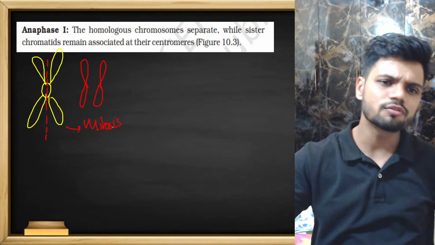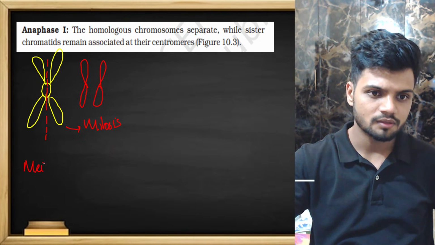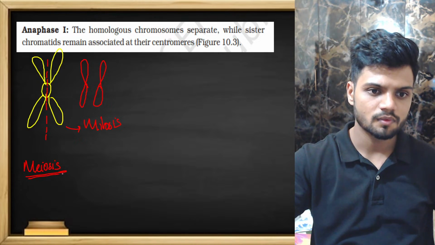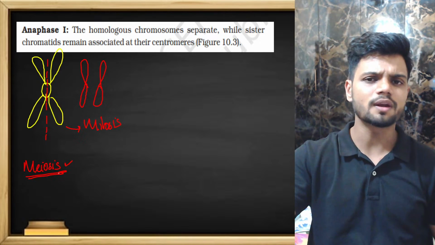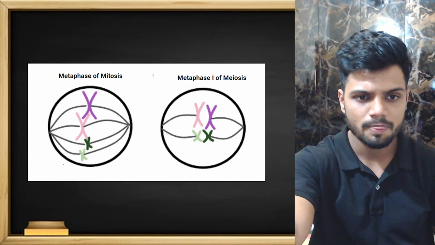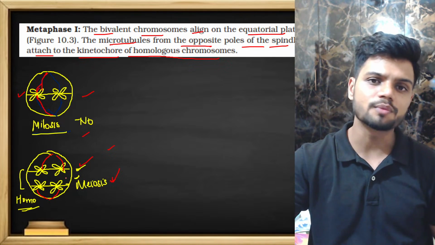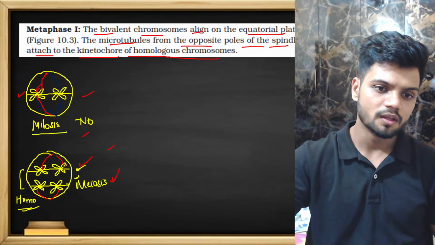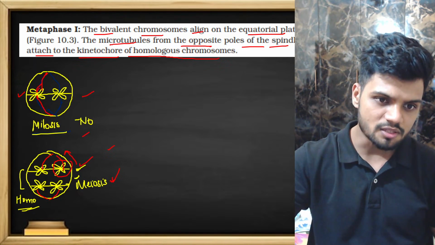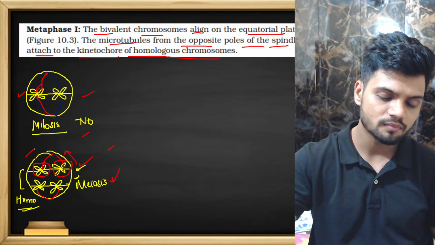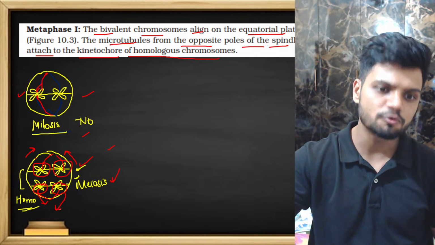But in the case of meiosis, that is not the case. Can you see here? If you go back, there is no splitting of centromere here. In fact, this entire chromosome is being pulled back.